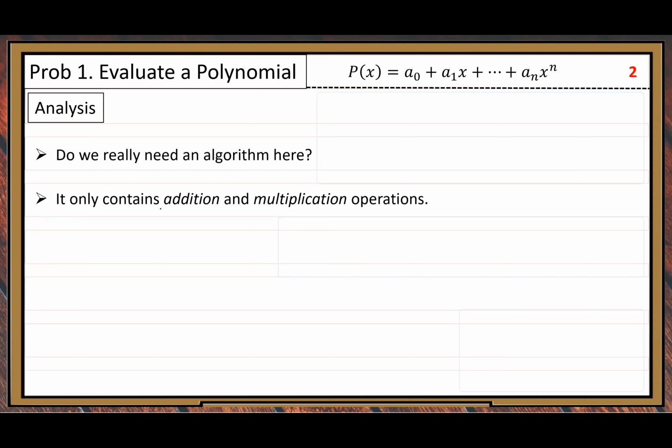We know we only do additions and multiplications, these two operations. And we want to use a better measure than the response time. It's unstable. So we want to have a stable measure. That stable measure does not rely on different hardware or other factors.